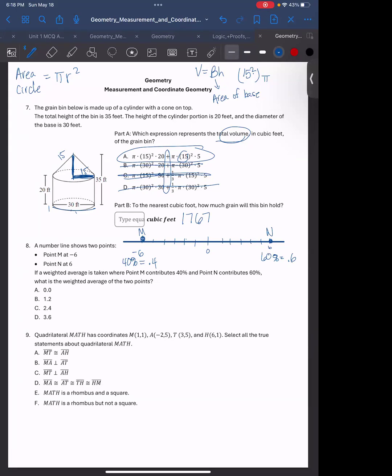What we are going to do is multiply -6 times 0.4 and then add it to 6 times 0.6, divide it by 0.4 plus 0.6.